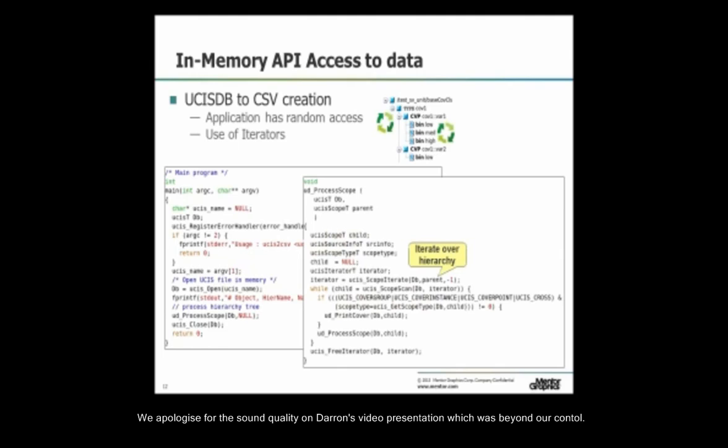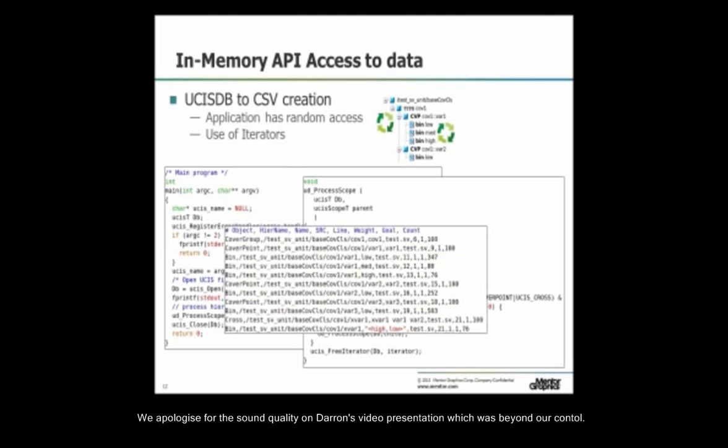And you can see here that the iterator goes through a while loop. The while loop gets tested for each of the different objects. So you can have all the different kinds of objects that are inside the database. And then finally, the routine's recursively called, so that it recurses down the hierarchy. And then each of those calls to the process scope will just print out the information about the scope. So you get your CSV file.